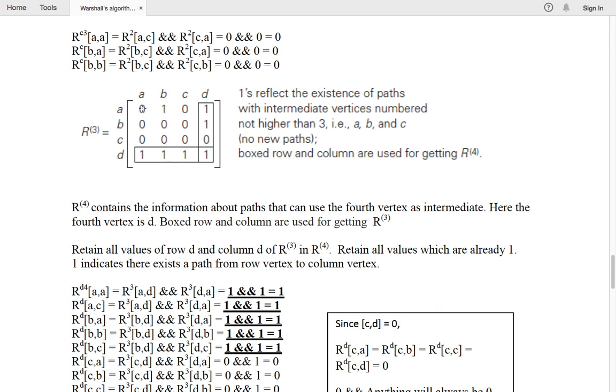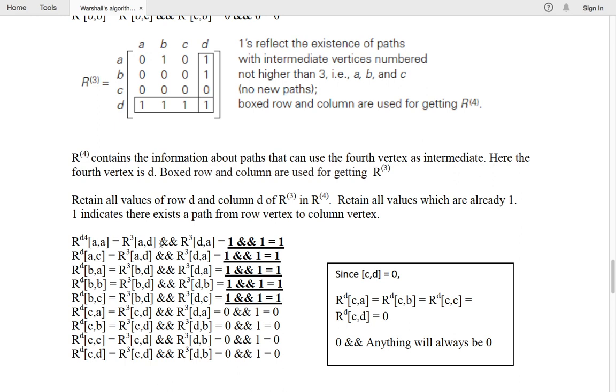So I need to compute remaining AA, AC, BA, BB, BC, CA, CB, CC, right? So I'll just apply the same process of formulas here, right? So here AA is nothing but A to D, D and A. So A to D is 1, D and A is 1, so I get 1. AC 1 and 1.